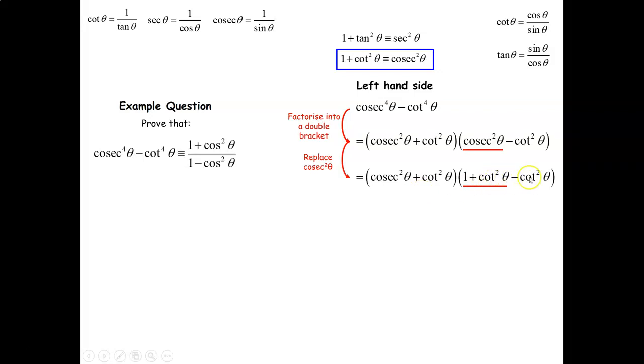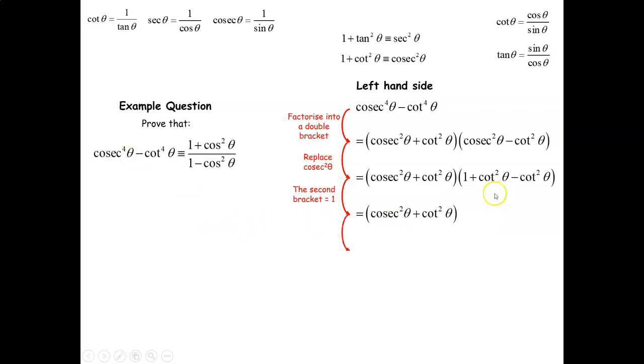These two cancel each other out. So now I have this, which has certainly got simpler than it was before. The reason this bracket's disappeared is because it's equal to 1. When I multiply by 1, my first bracket will stay the same.